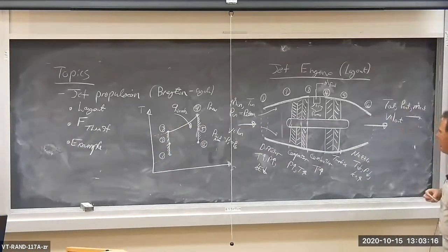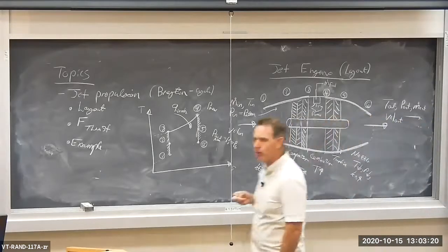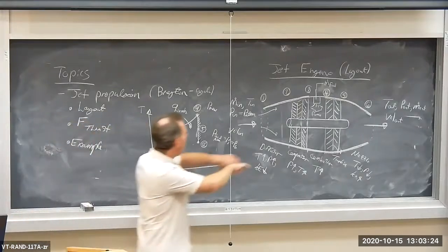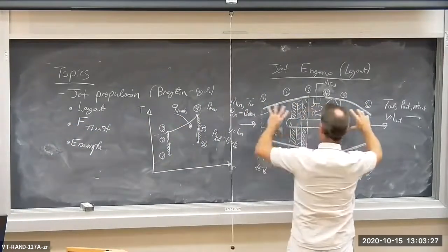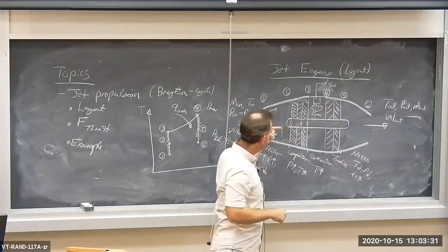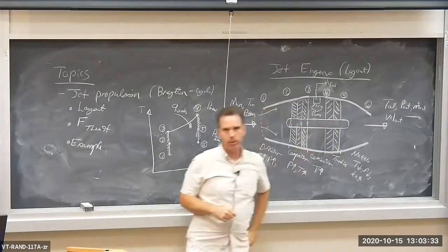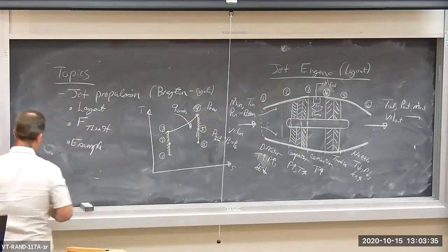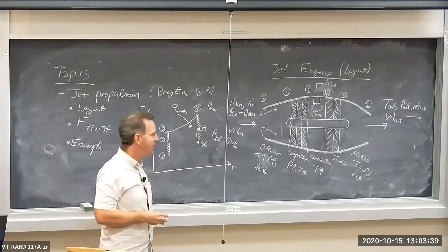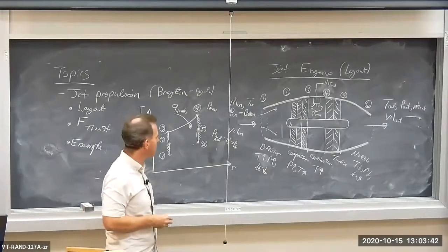Now, one thing to notice about the jet engine here, it doesn't produce any net work. W dot shaft for the whole thing is 0. There are no shafts leaving the nacelle. Air is going in, hot products of combustion are going out. So there's no net shaft power produced by the jet engine.